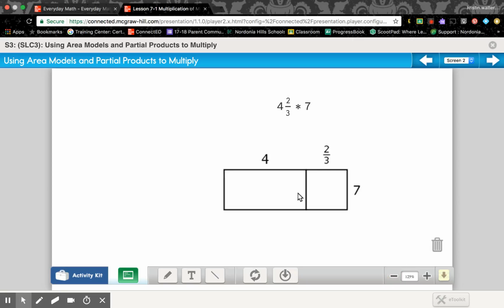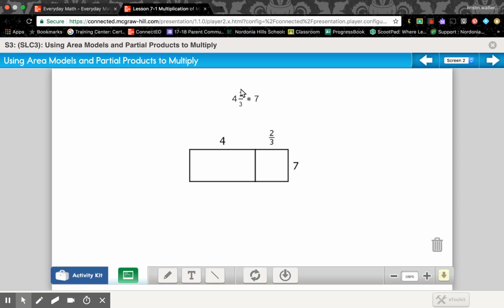So here, for example, I have 4 2/3 times 7. So this time I'm not breaking it up by our tens and our ones place. I'm breaking it up with our whole number and then our fraction. And then vertically, I only have a whole number since my second factor only has a whole number.